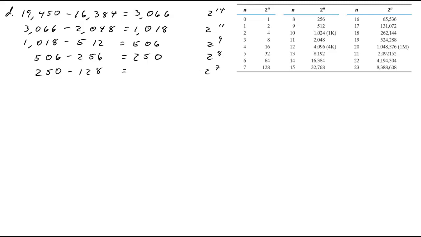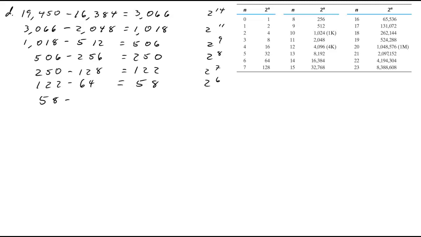That difference is 122. From 122, we can subtract 64, which is 2 to the 6th. And the difference there is 58.